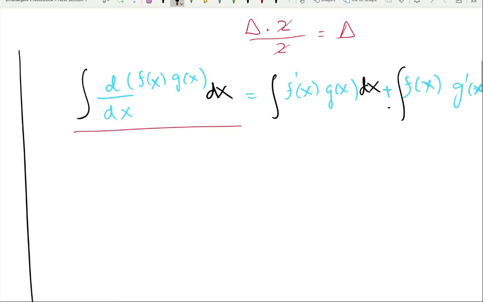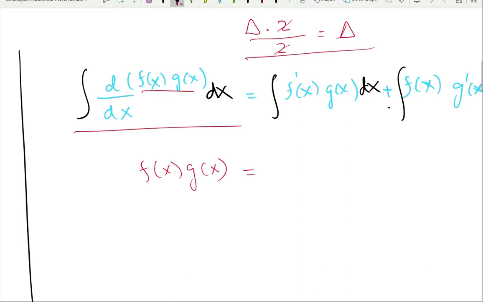So look at the left hand side. You want to differentiate f times g with respect to x, and then you integrate what you got. So really differentiation and integration cancel each other, right? And we get f(x) times g(x), or by fundamental theorem of calculus, which we'll see in future. Alright, so nothing changed. We get f(x) times g(x), just like the triangle here.